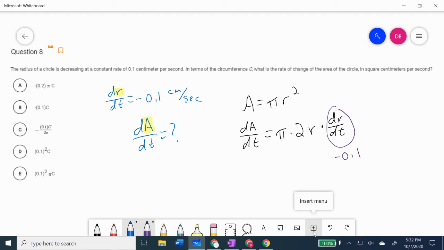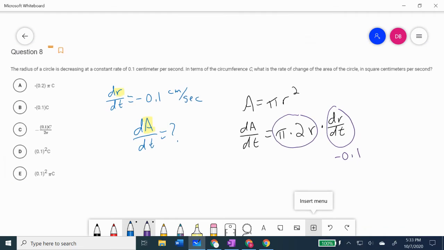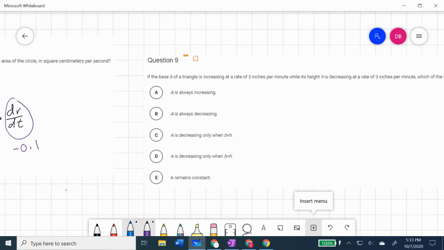In terms of the circumference, that is the formula for circumference. So the rate of change of area with respect to time is negative 0.1 times the circumference. Woohoo! Moving on.